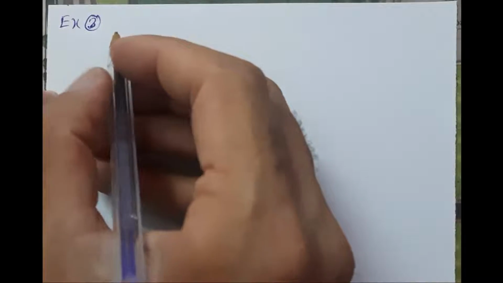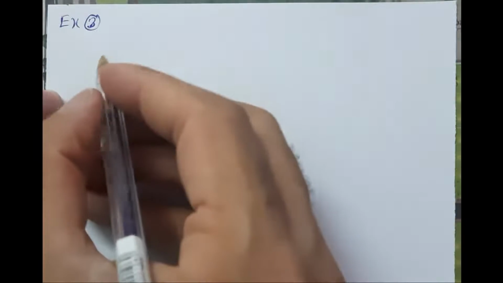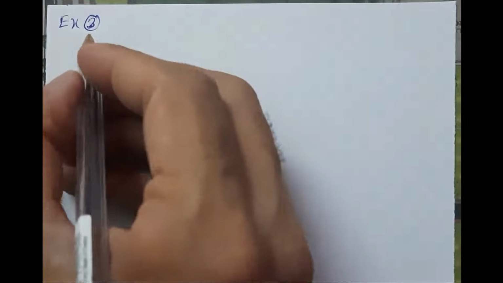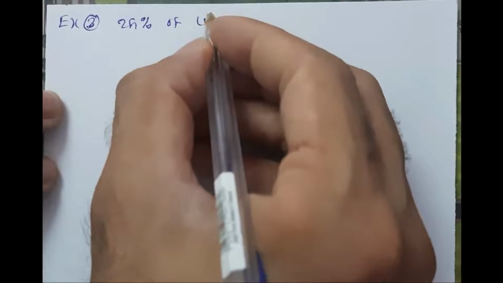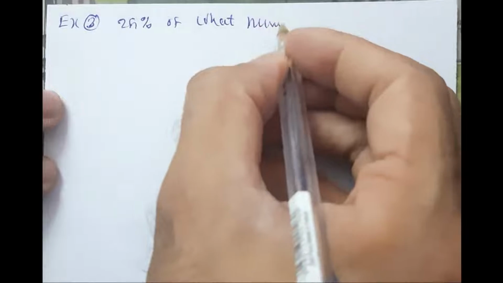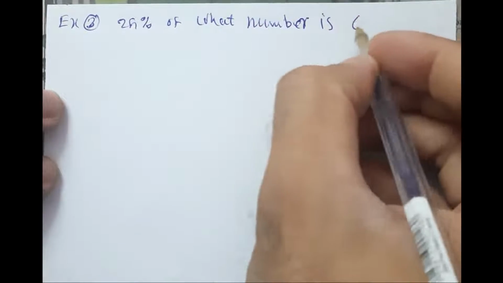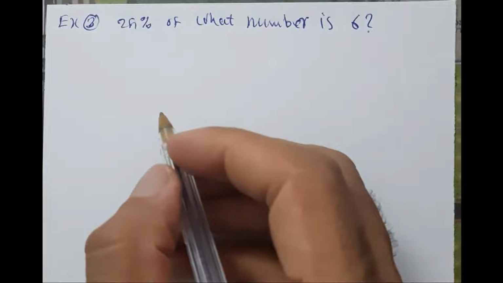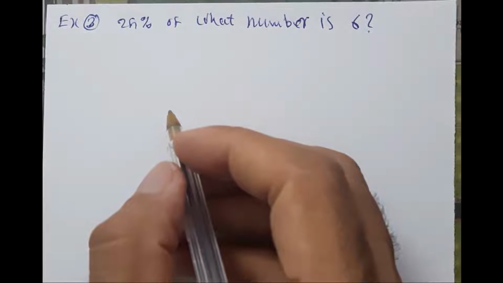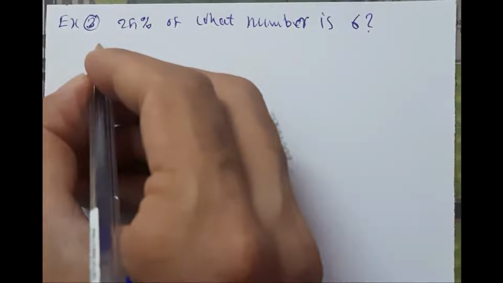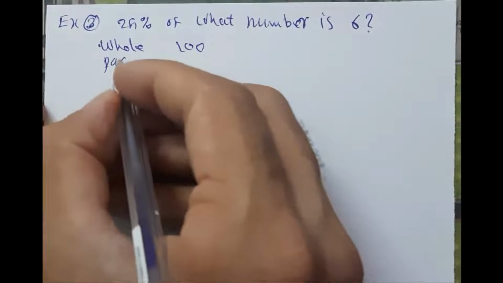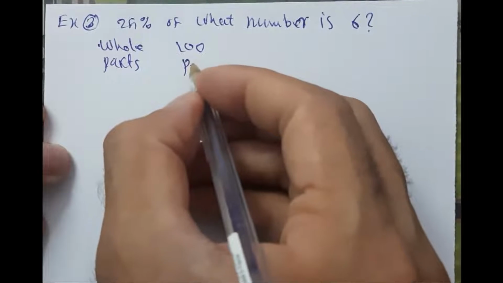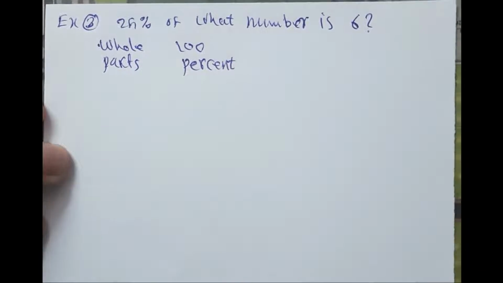Example 3. 25% of what number is 6? We want to find that number which its 25% is 6. Here the whole is unknown. Actually, we had a formula: whole, 100, parts, percent.